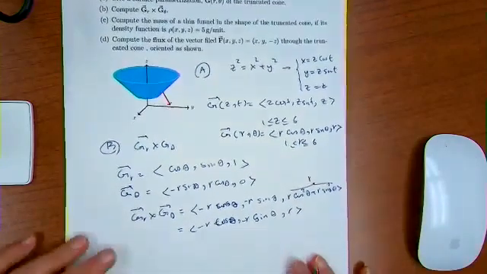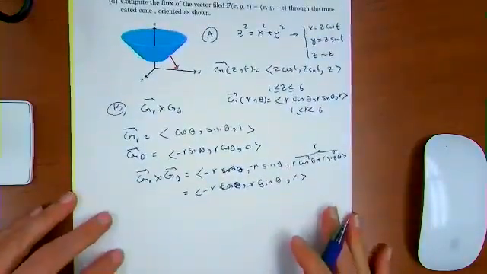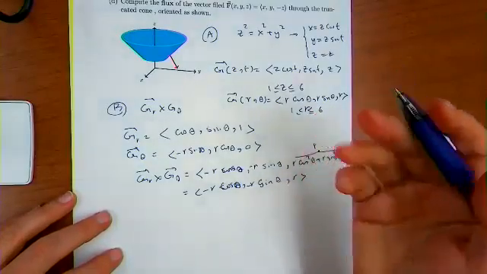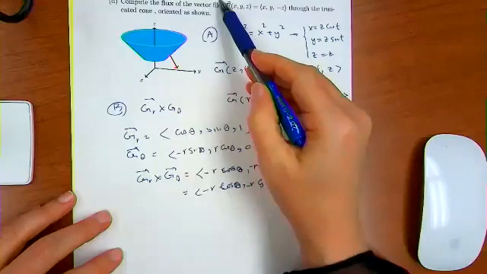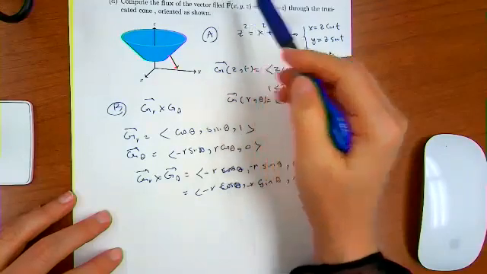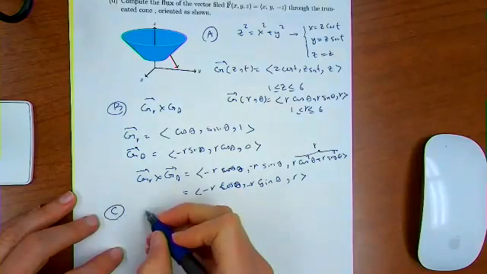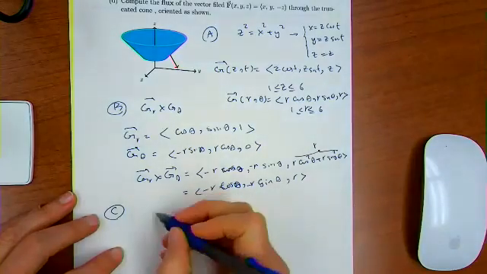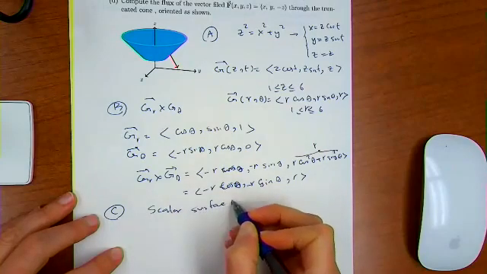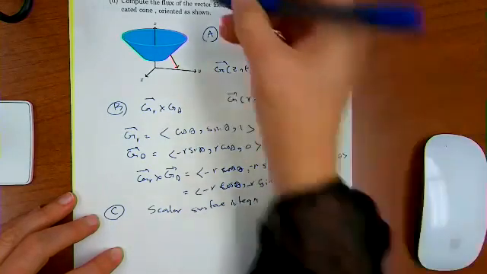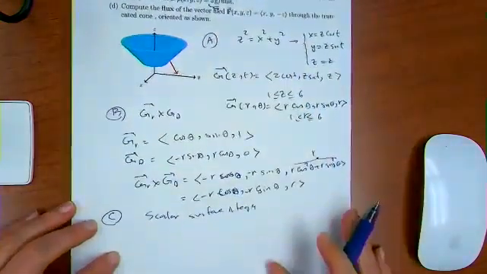The next thing is saying compute the mass of a thin funnel in that shape, truncated cone, when rho is 5 gram per unit. So if I'm computing mass, it's a scalar surface integral, because this is a scalar function. That 5 is the scalar function.